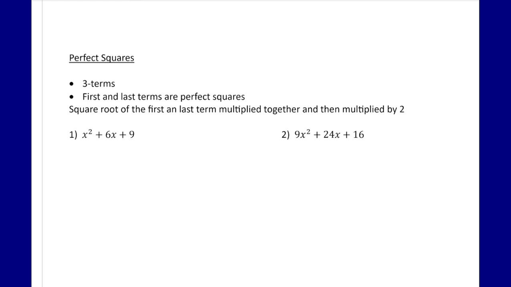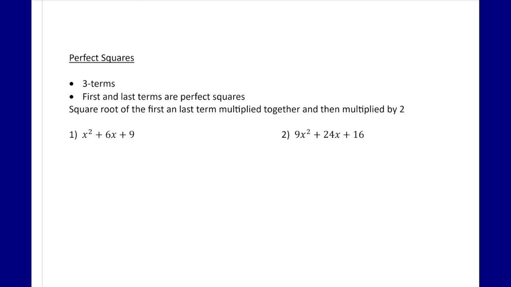So perfect squares, there's 3 terms. The first and last terms are perfect squares. And then for the middle term, if I take the square root of the first term and the square root of the last term, multiply them together, and then multiply by 2, do we get the middle term? I know it's kind of a long, winded thing that we're looking for, but we'll look through it and I'll show you what I mean by that.